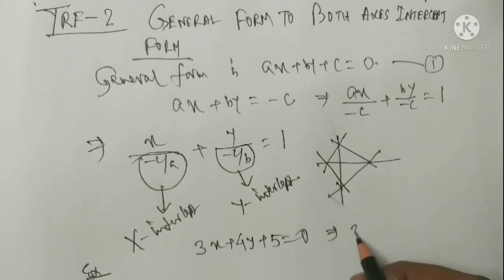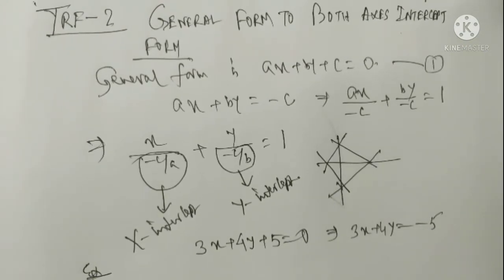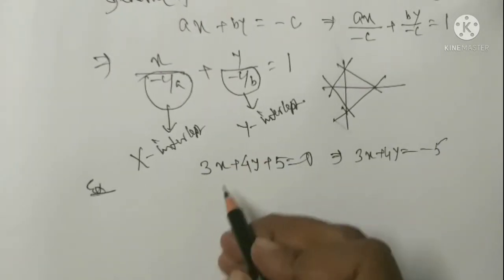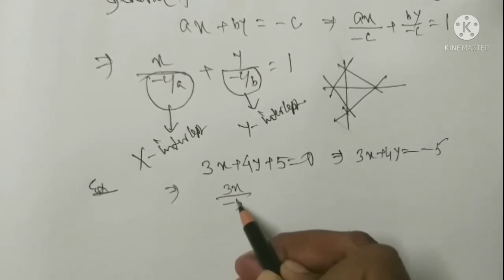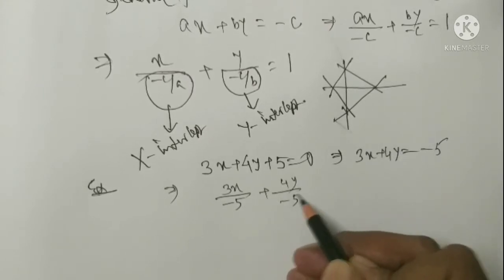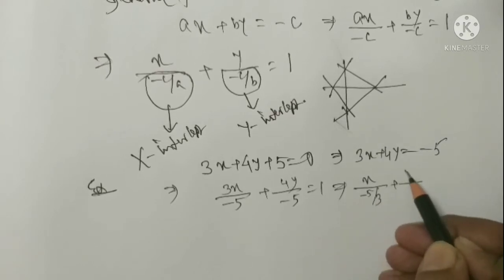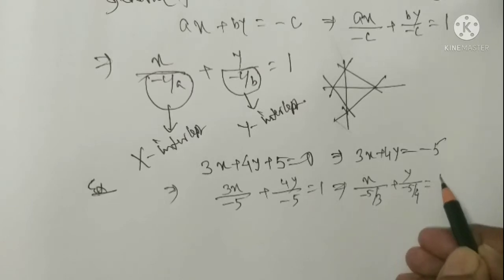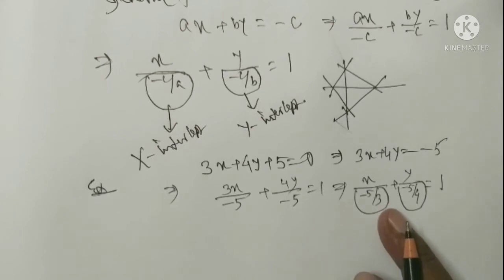Now we set it in this form, 3x plus 4y equal to minus 5, and if we divide by minus 5 both sides, and we arrange x by minus 5 by 3 plus y by minus 5 by 4 equals to 1. This is x intercept, this is y intercept. That is, now general form to both axis intercept form has been completed.